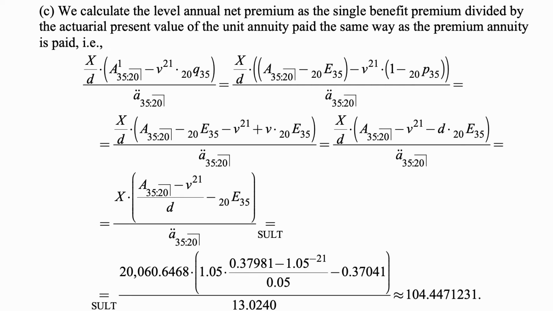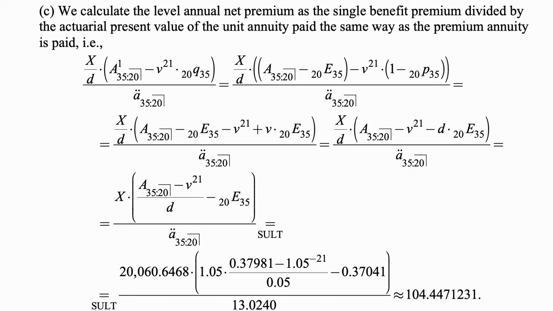So what we have here is X over D times A 35 colon angle 20 minus 20 E35 minus V to the 21 plus V times 20 E35, and the whole thing is divided by A double dot 35 colon angle 20. But then we are subtracting 20 E35 multiplied by 1 minus V, and 1 minus V is D, so we can just write it, as you see, as A35 colon angle 20 minus V to the 21 minus D times 20 E35.